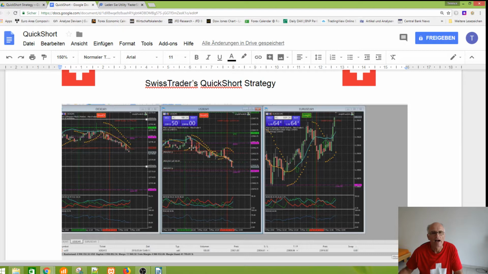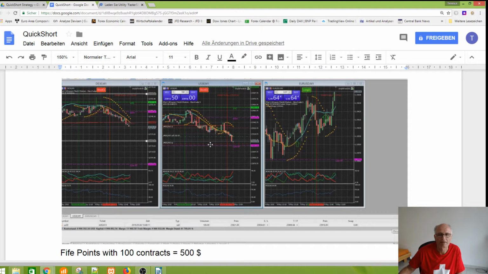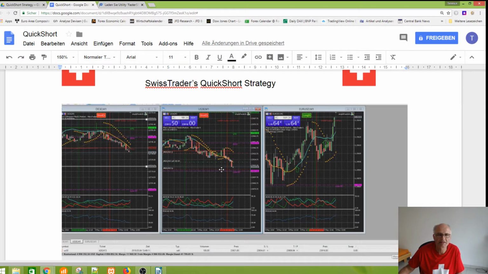I have here the Kalman filter, but it is not necessary. You see that it is a downward trend without this indicator.